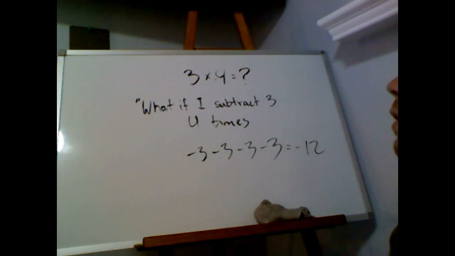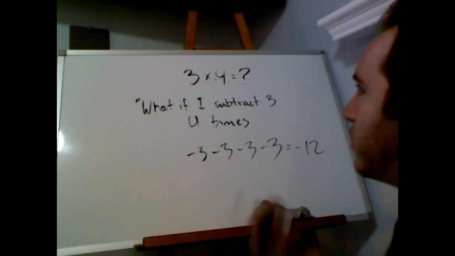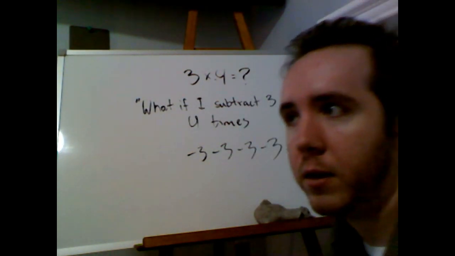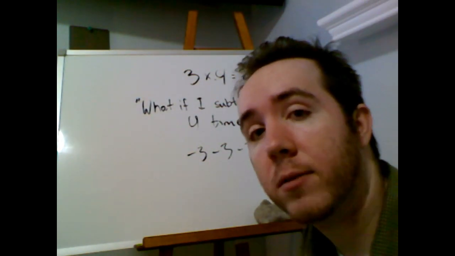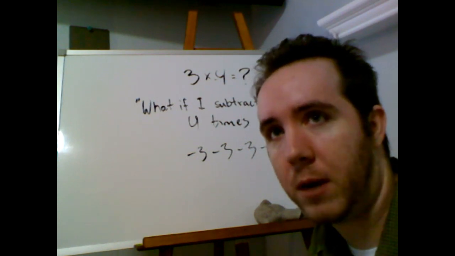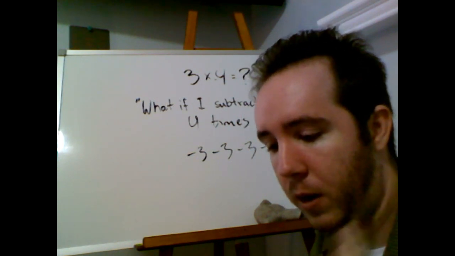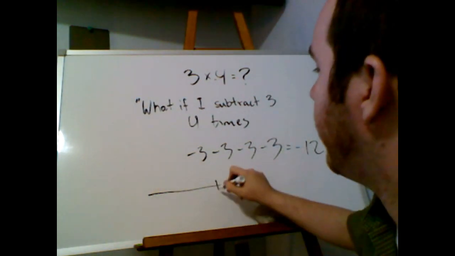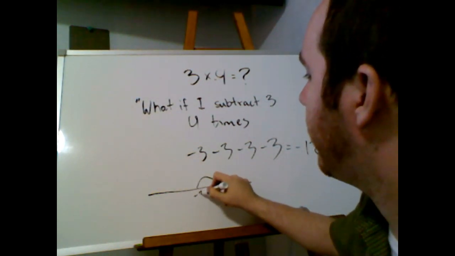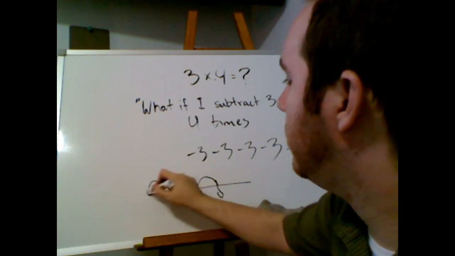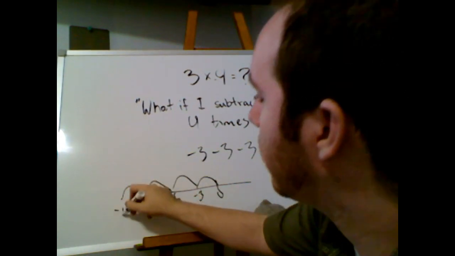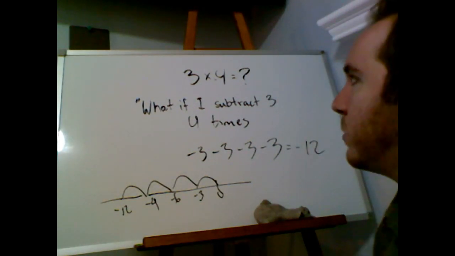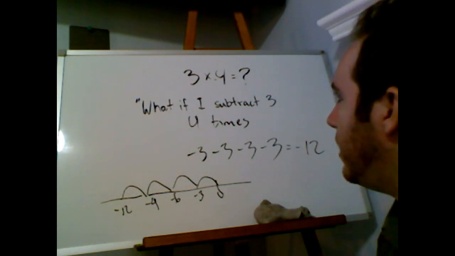And if you subtract a positive number any number of times, you're going to end up going into the negatives, especially if you start from 0. We're assuming we're starting from the origin of our number line at 0. So that's going to be starting from 0, to negative 3, to negative 6, to negative 9, to negative 12. That is what we're doing when we subtract 3 4 times.